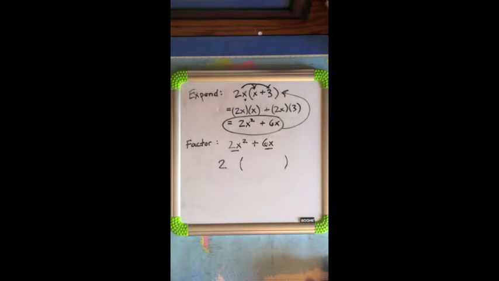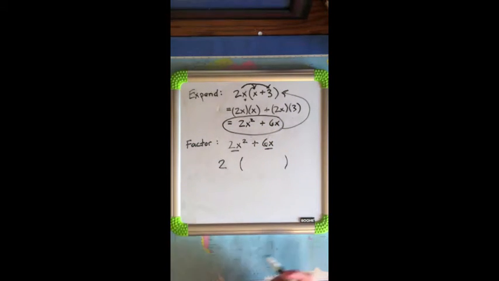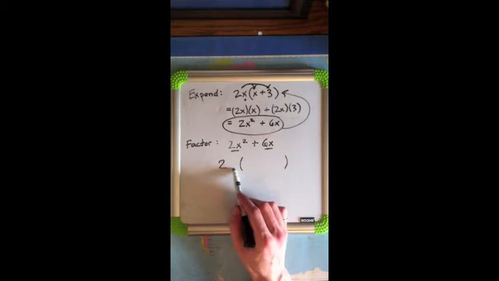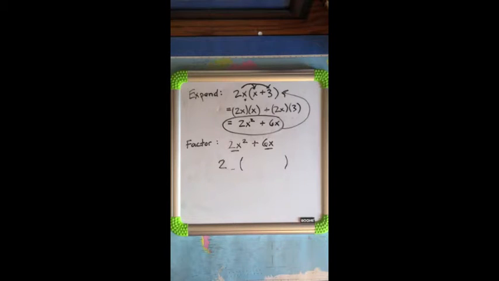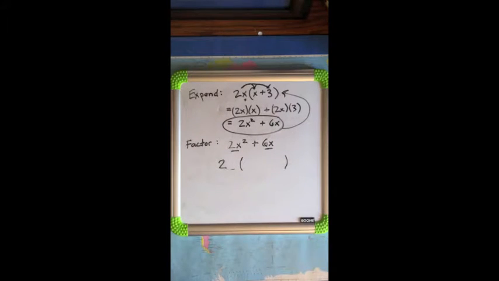So now we need to ask ourselves, is there anything else that's common between these two terms that we can also pull outside of the brackets and put here? And the answer is yes, there is something else that's common between 2x squared and 6x. And that is x.